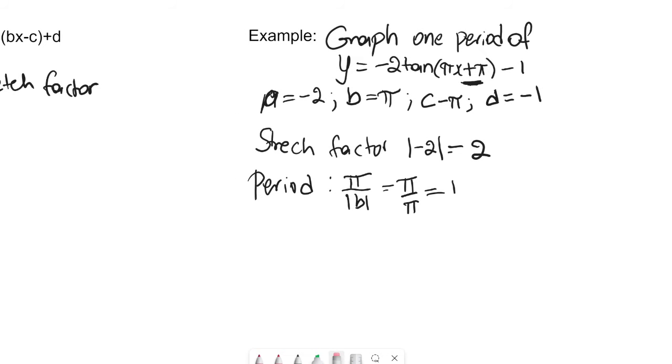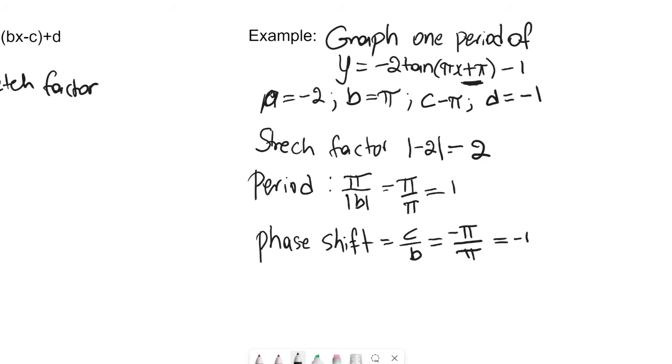Now let's look at the phase shift. That's still C over B. C is negative pi divided by B, which is pi. So our phase shift is -1.